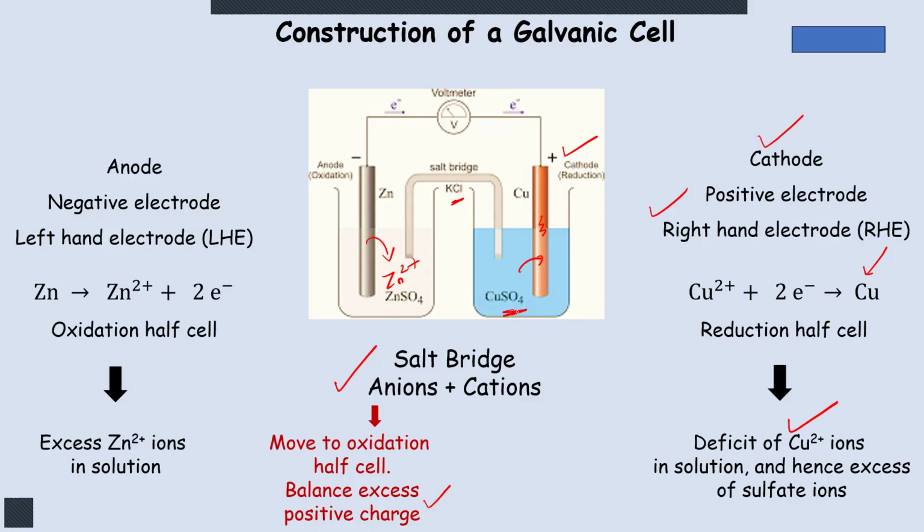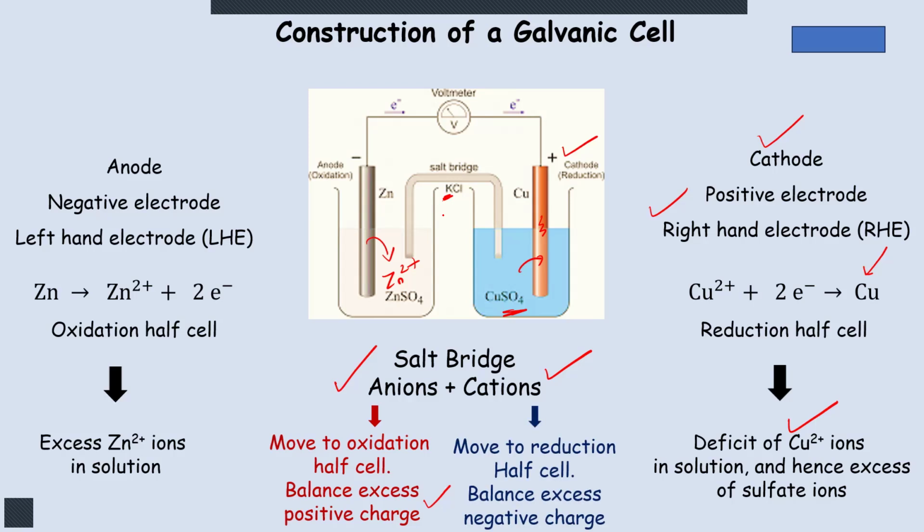The negative charges will be balanced by a supply of positive ions, such as potassium ions from the salt bridge. Cations such as potassium ions from the salt bridge will move into the copper sulfate solution and balance the excess negative charge.